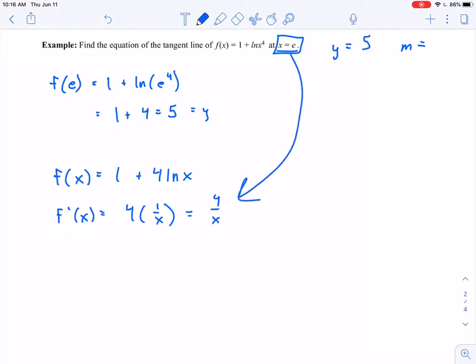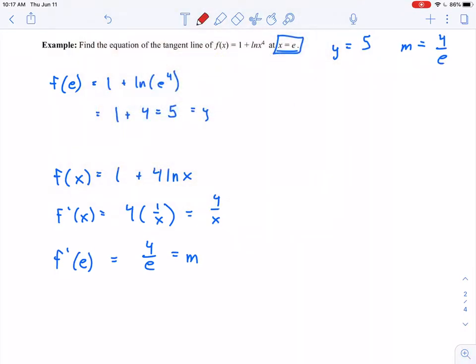I need to take that and plug it in down here. So let's do that. f prime of e is equal to 4 divided by e. And sure, you could get a decimal approximation, but where's the fun in that? We're just going to leave this, I think, as 4 over e. That is my slope. That's my m. So m is 4 over e.